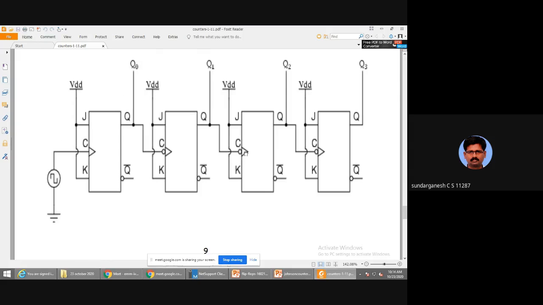So the first flip-flop changes its output for every clock pulse. Q0 is given as the input clock to the second flip-flop. The second flip-flop changes its output when the clock pulse changes from positive to negative. Similarly, the third flip-flop's Q2 output depends upon the clock pulse of Q1.